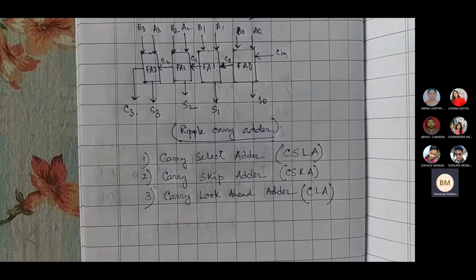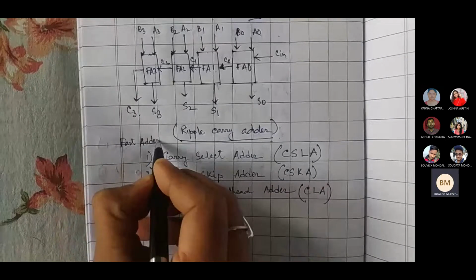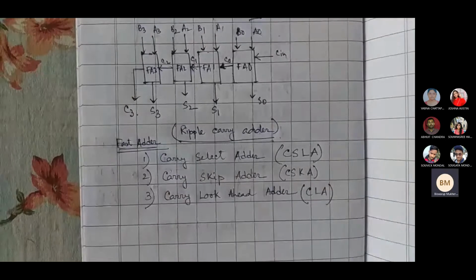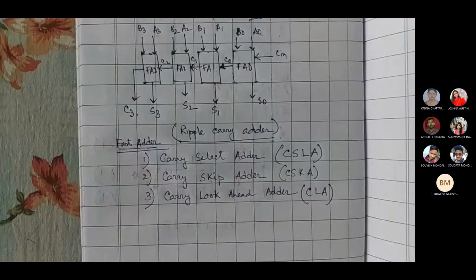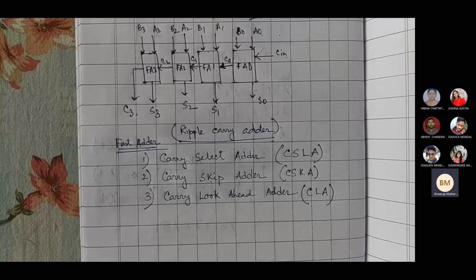Okay. So we have to know the architecture of all these types of fast adder circuits. That means how the carry can be used, or how the carry can be generated in a fast way, so that we can have a better propagation delay compared to the ripple carry adder.